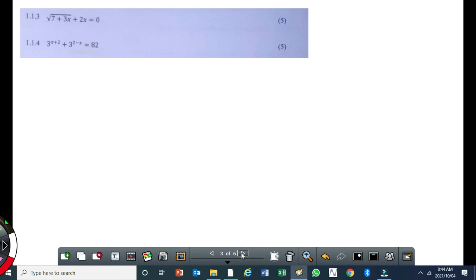Then the next question, we go 1.1.3. Alright? That's a set. So this is 1.1.3: square root of 7 plus 3x plus 2x.